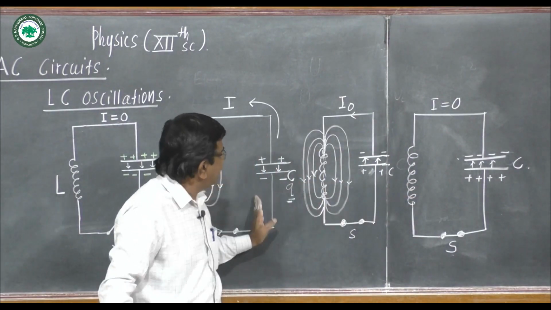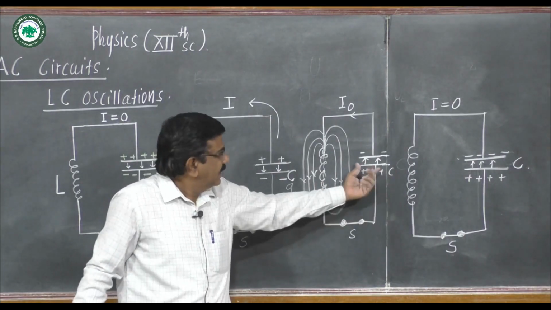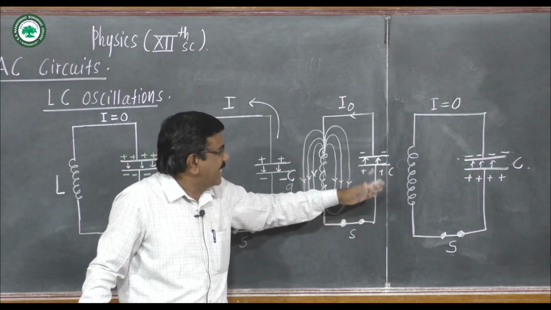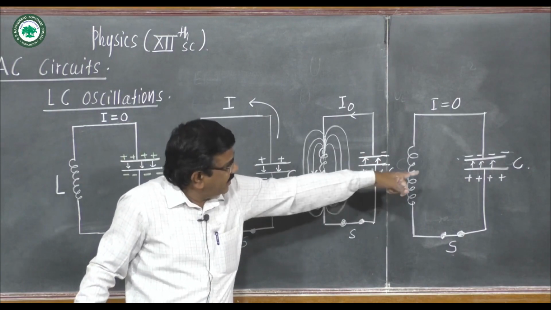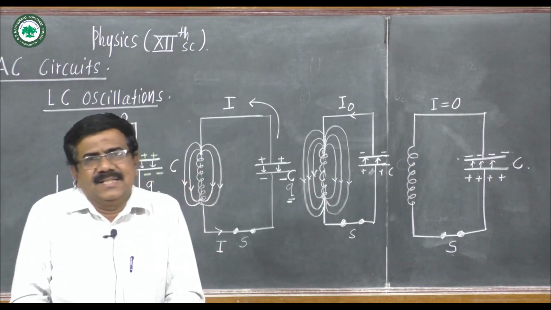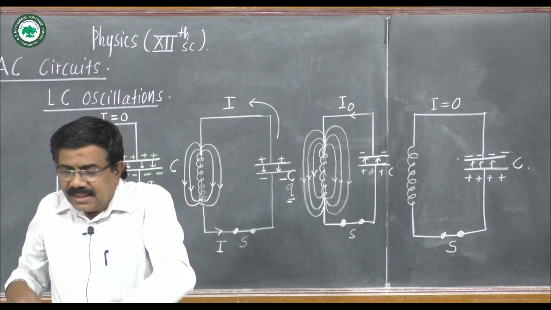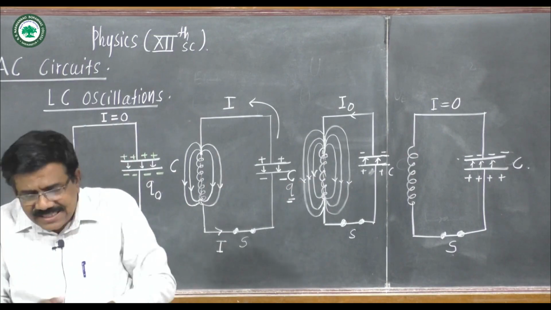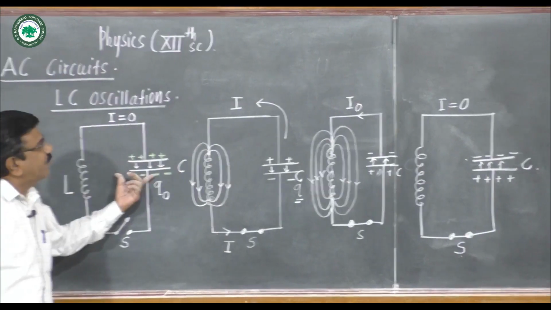This is the intermediate stage in between this and that stage. Here the capacitor is partially charged with opposite polarity, and in the next figure the capacitor is completely charged. That process continues till the capacitor is fully charged with the polarity opposite to the first.